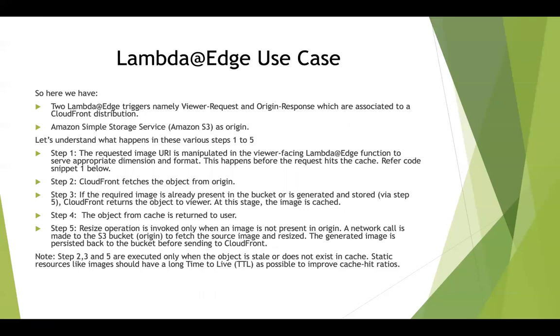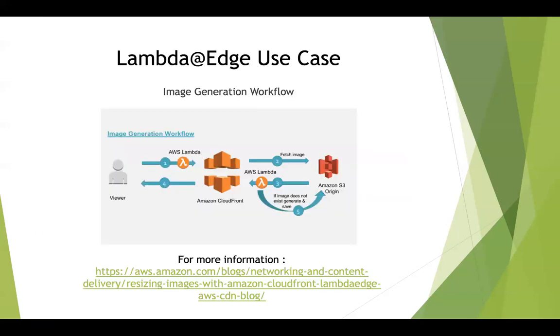This particular Lambda function runs before the request hits the cache, right? Based on which you're going to decipher whether this viewer is accessing your application from a mobile or from a laptop. If he's accessing from a laptop, you're modifying the URI to include a much bigger dimension, like 1200 into 728 and so on, because generally our laptop's resolution is 1200 into 728, or it's going to be a 1080p resolution.